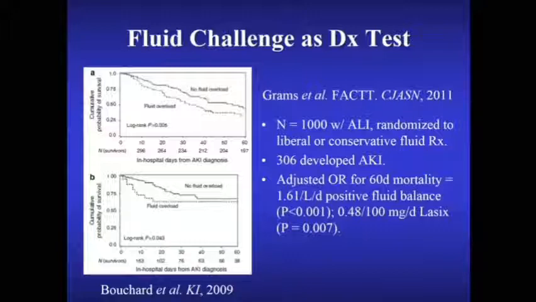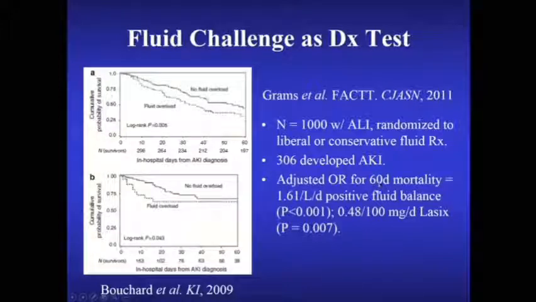I don't remember the exact cutoffs for each of the two groups, but the patients were randomized to aggressive or liberal. They came to the same conclusion here: those patients that were randomized to the liberal fluid group and developed acute kidney injury had a significantly increased mortality.